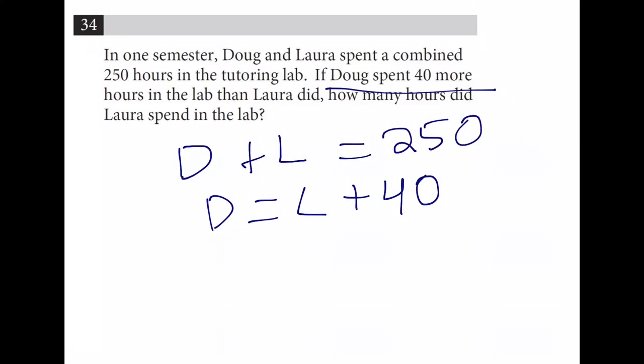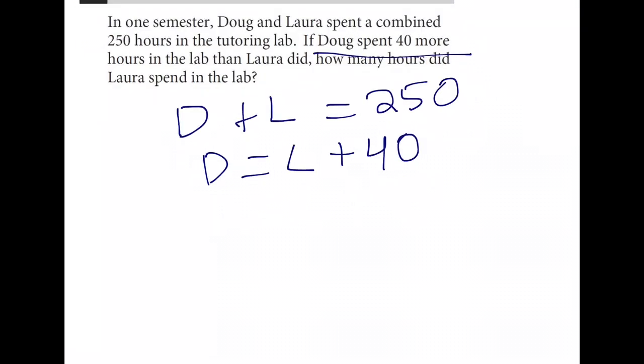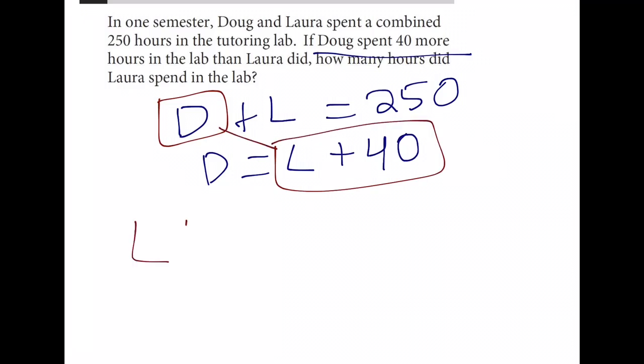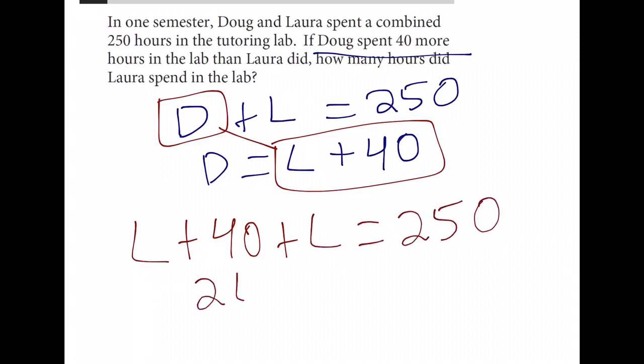From here we have a systems problem. I could use substitution. I could replace this D with everything that it is equal to, and I get L plus 40 plus L is equal to 250, or 2L plus 40 is equal to 250.